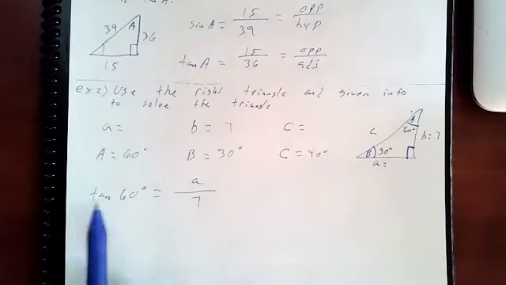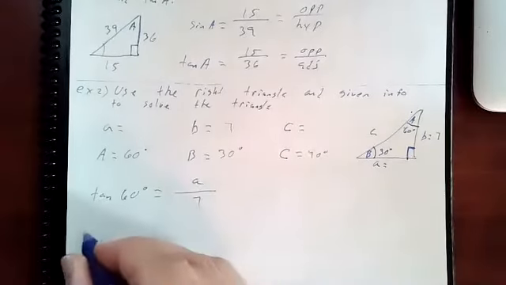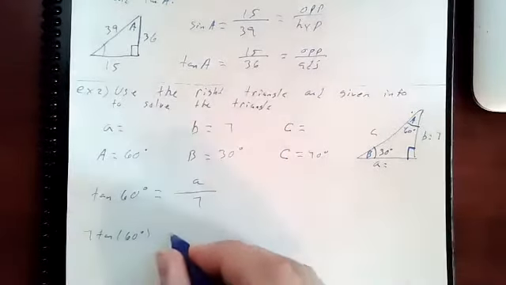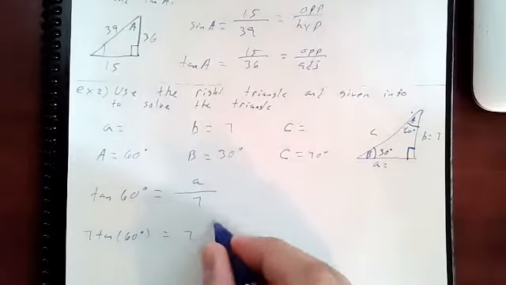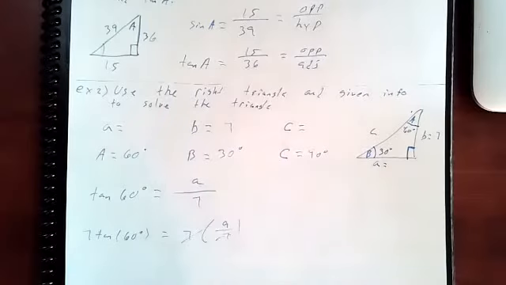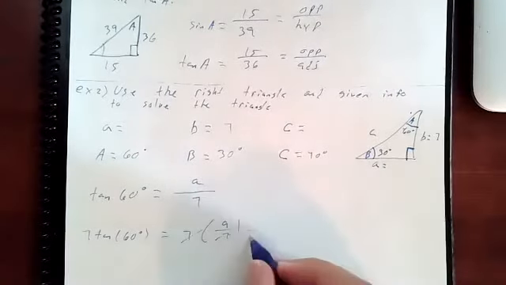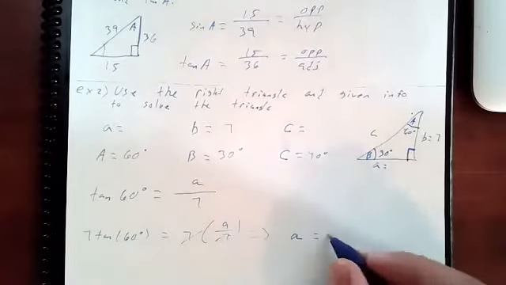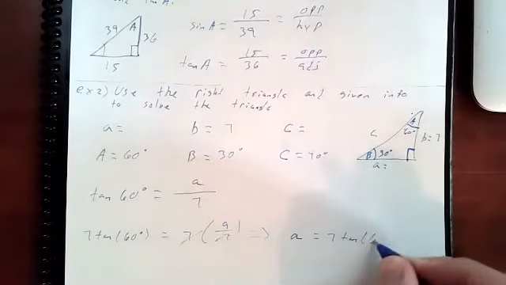So I'm going to multiply both sides by 7 to cancel the fraction. So that implies that A is equal to 7 tangent of 60 degrees.